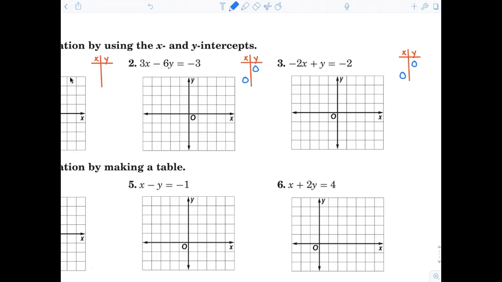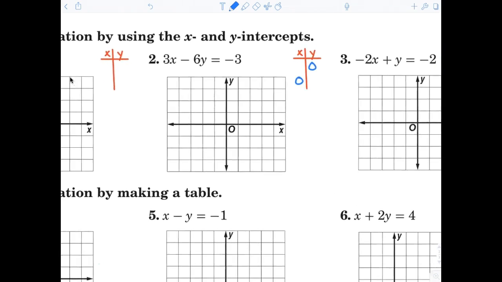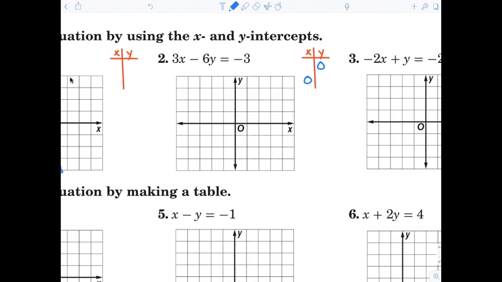Now please don't embarrass me. Number 2, if y is 0, before you say something, think about it. If the y is 0, Freddie, the x is what? Yes, -1.